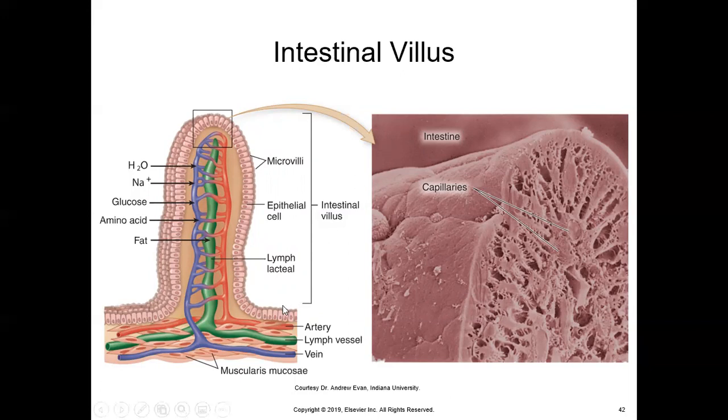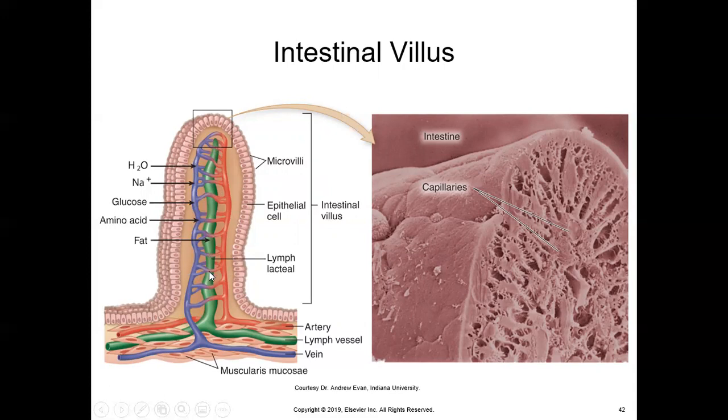So an intestinal wall is made up of villi. There's a whole lot of villi here, and this is one villus, and then you have the capillaries, the arterial and venous, inside. This is kind of a schematic of it. On one side you have the arterial, and on the other side you have the venous, and a capillary bed in between.